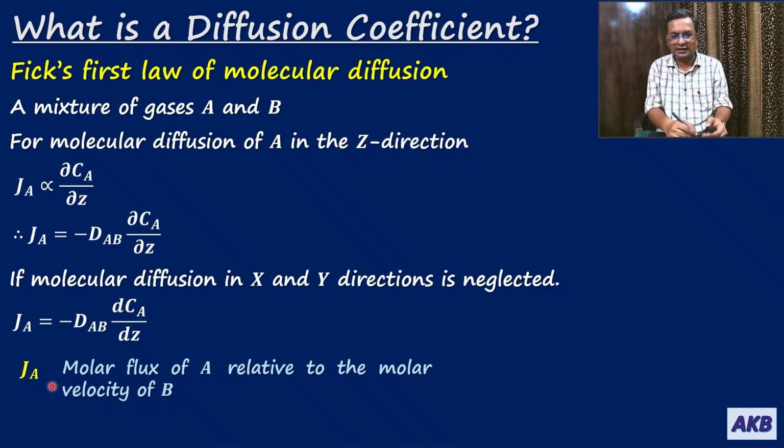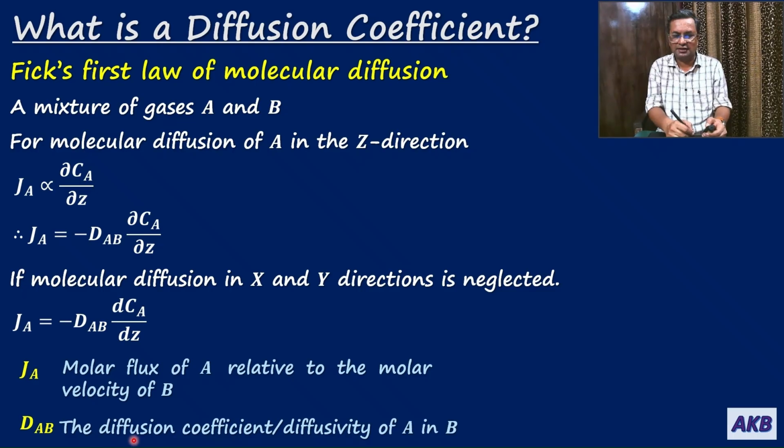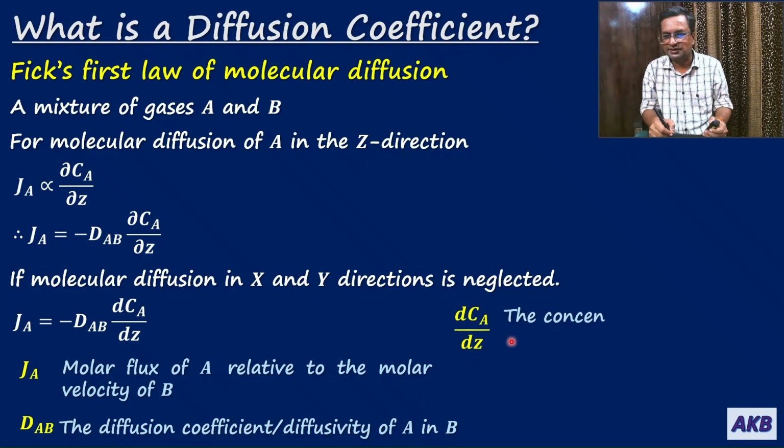DAB is the proportionality constant, and it is nothing but the diffusion coefficient, or simply the diffusivity of A in B. So DAB is the diffusivity or diffusion coefficient of A in B, and dCA by dZ is the concentration gradient in the Z direction.